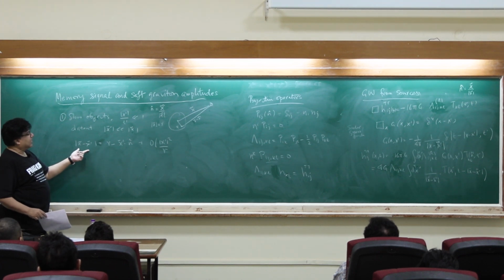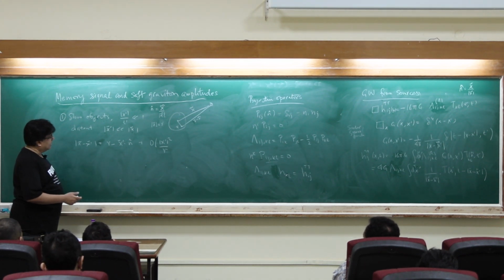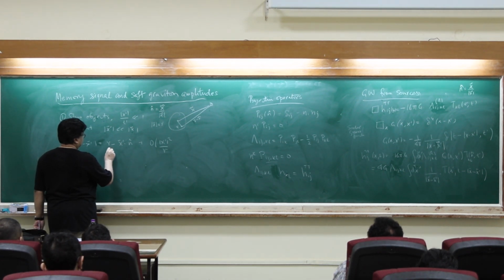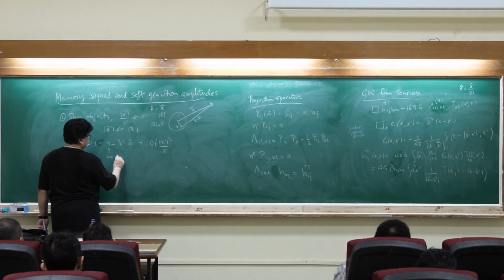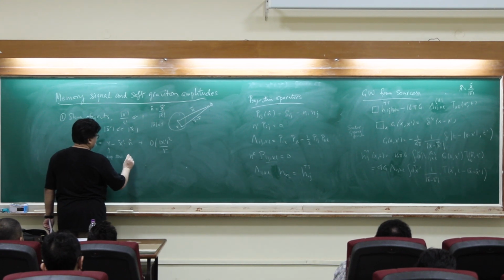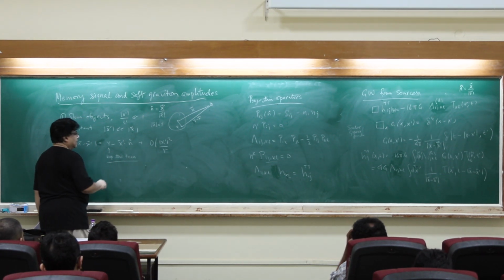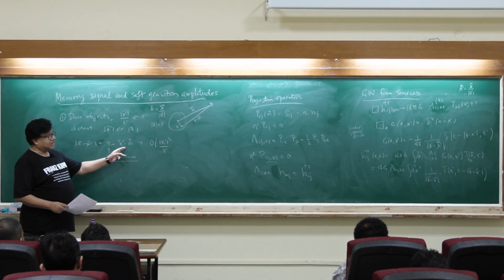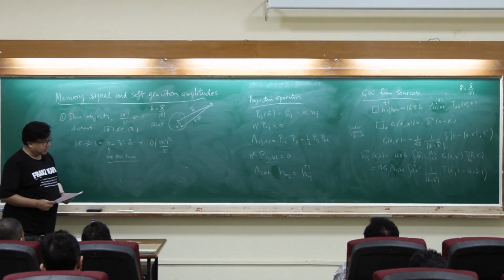So you can simplify like that and just keep the first term. This will give you the quadrupole. If you keep the higher order terms, you'll get the octupole and so on.